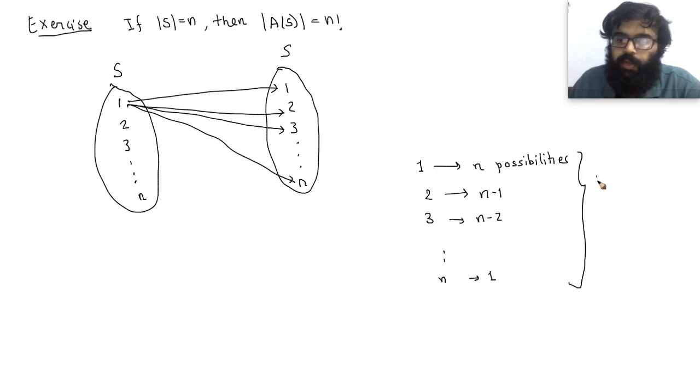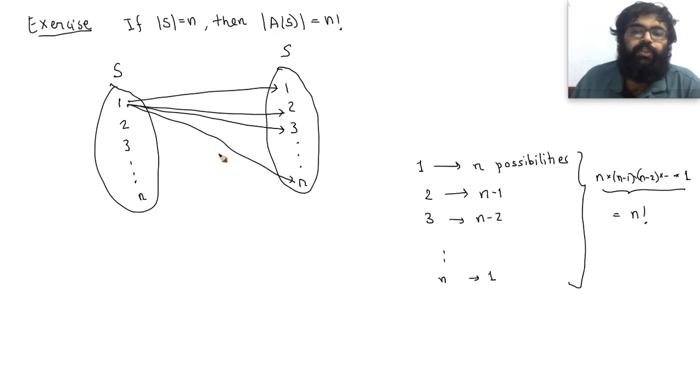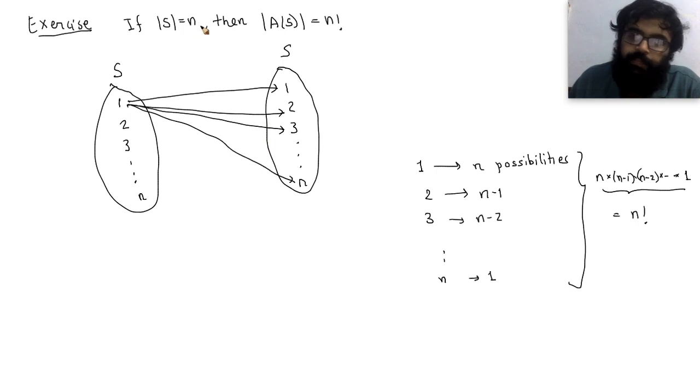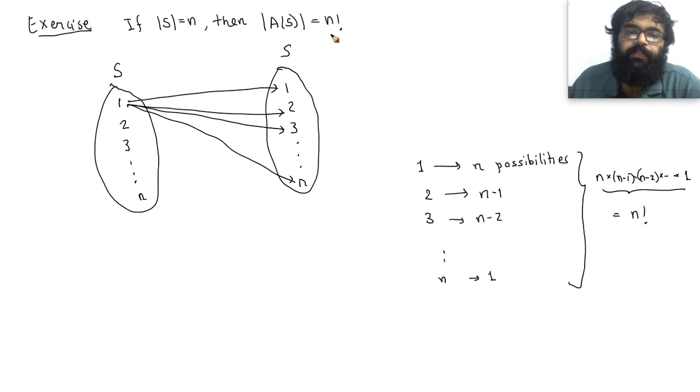The total product is n into n minus 1 into n minus 2, and so on, down to 1, which is nothing but n factorial. So there are n factorial such one-one and onto functions from a set of n elements to itself. So the cardinality of AS equals n factorial.